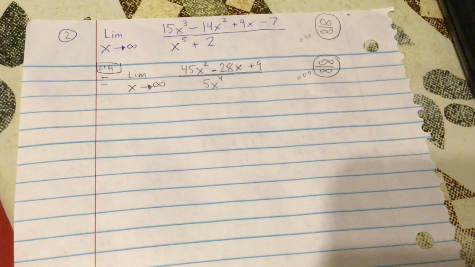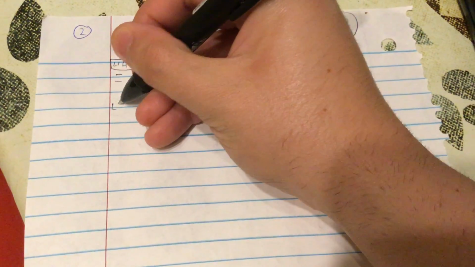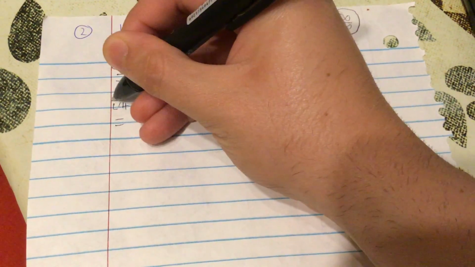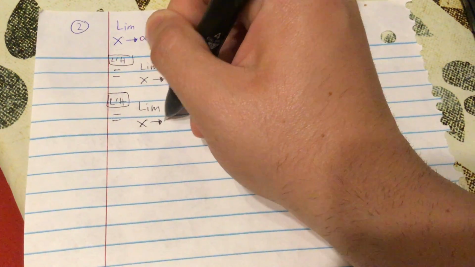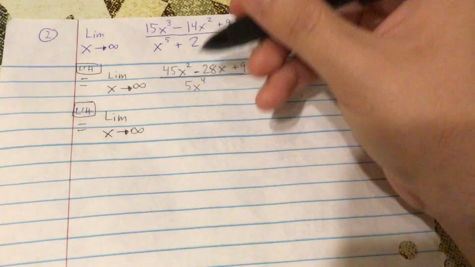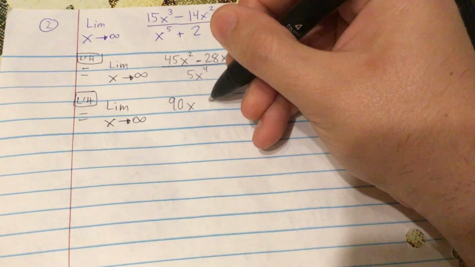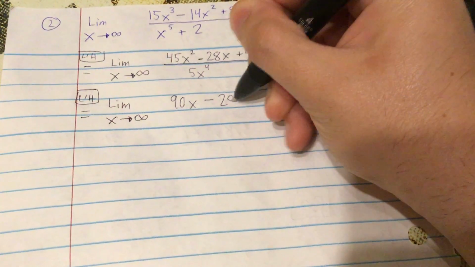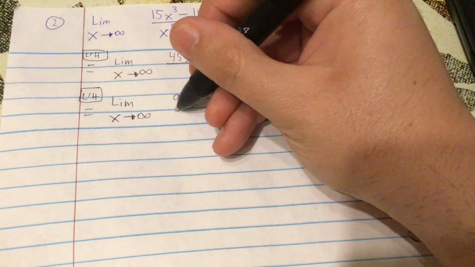So what does that mean? It's an indeterminate form, so I have to apply L'Hopital's rule to bail me out. So if I apply L'Hopital yet again, the limit as x approaches infinity, the derivative of the top is going to be 90x minus 28, and the derivative of positive 9 is 0.